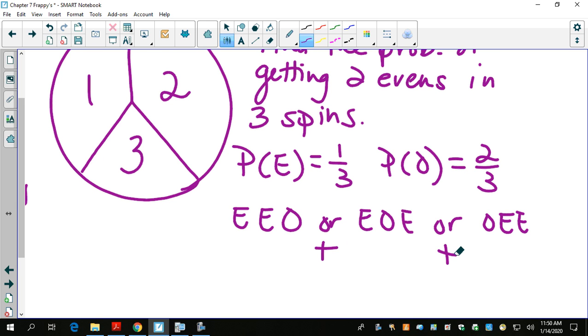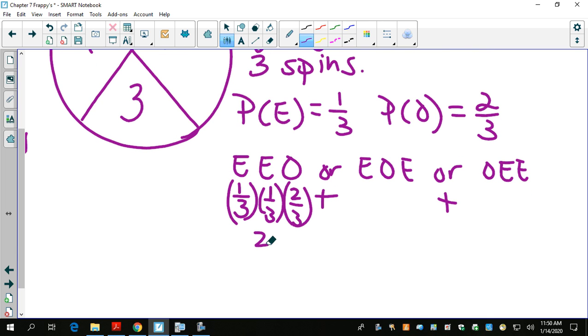And to calculate these individual spins, one spin is independent from the others, so we're going to calculate this through multiplication. So that would be 2/3 times 1/3 times 1/3, which is 2 over 27.